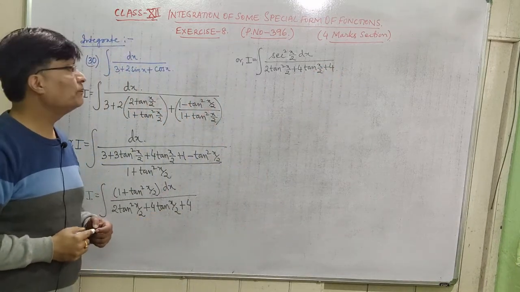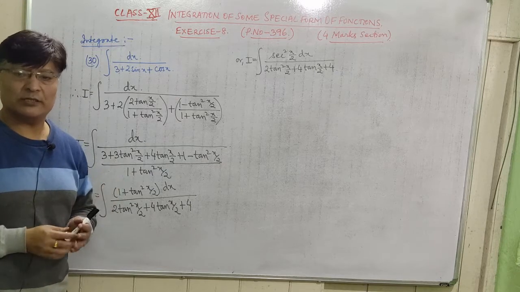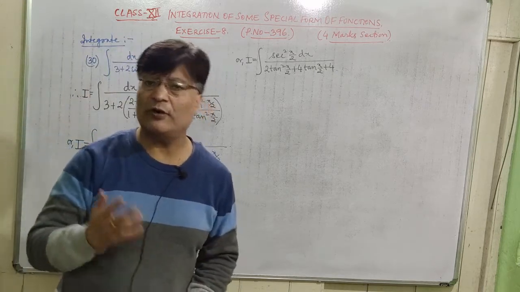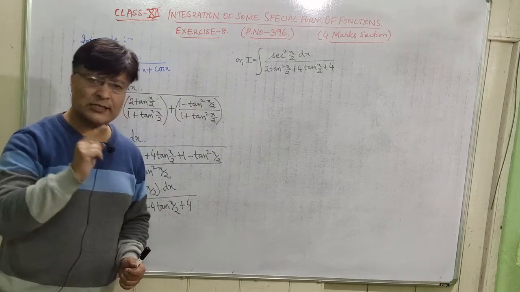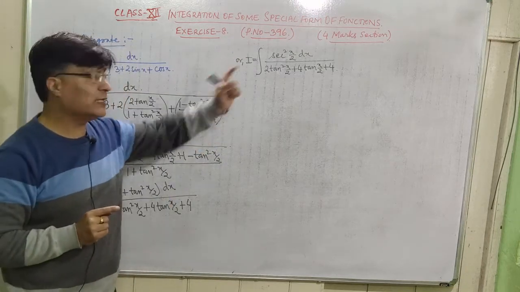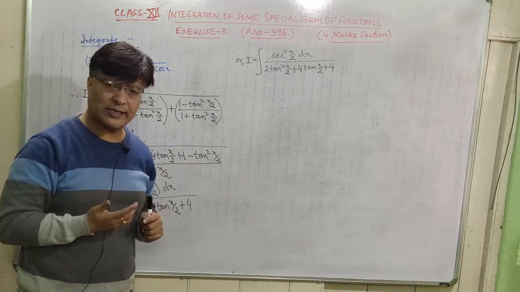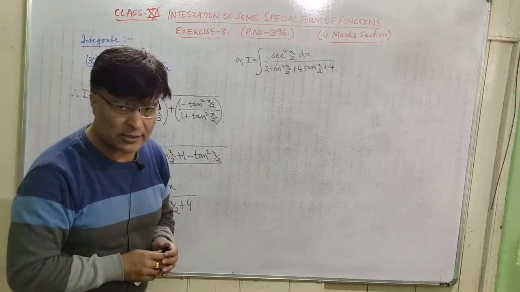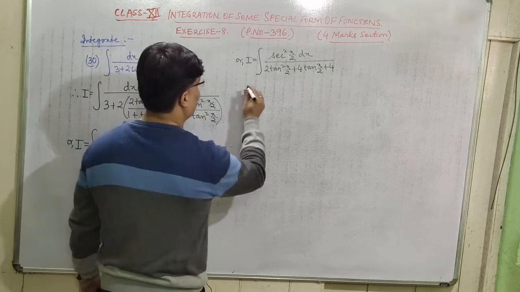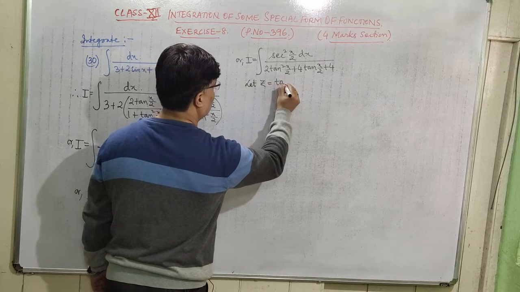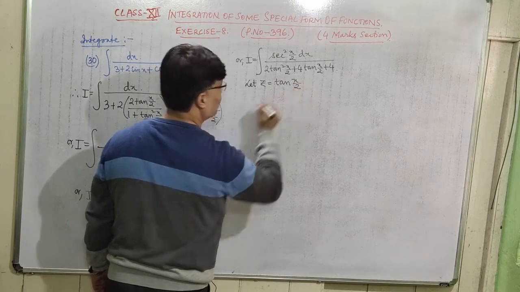Is that clear now? So now we can do the method of substitution, because you know that the differentiation of tan x by 2 is sec square x by 2 into half. That means we are getting the numerator. That is the numerator. So we can assume let z is equal to tan x by 2.